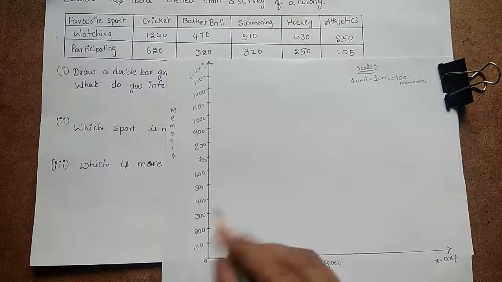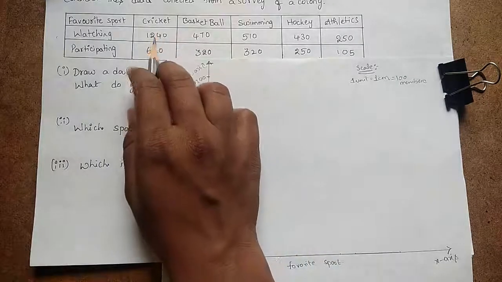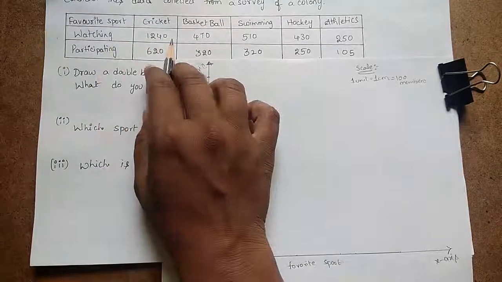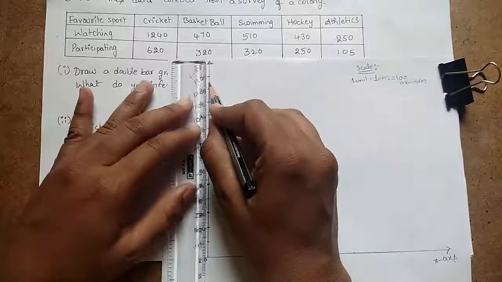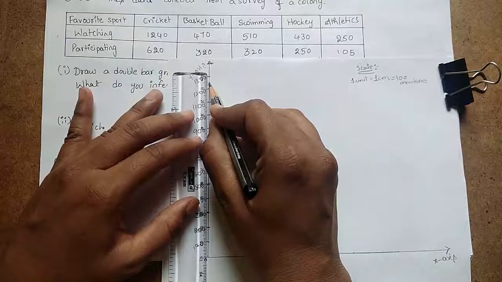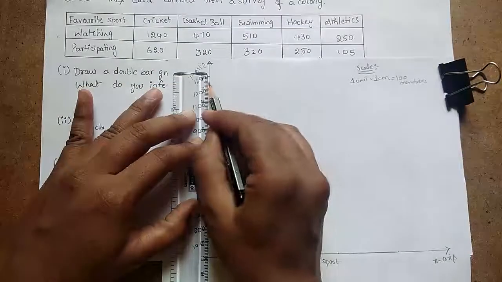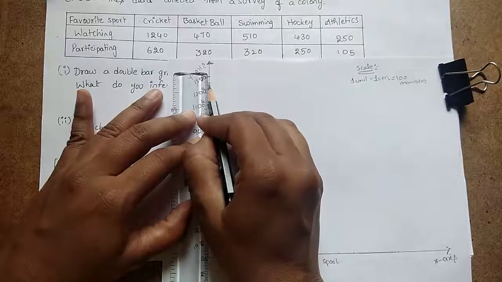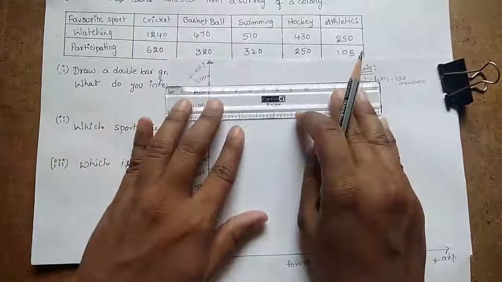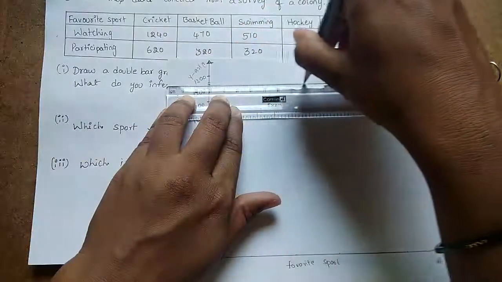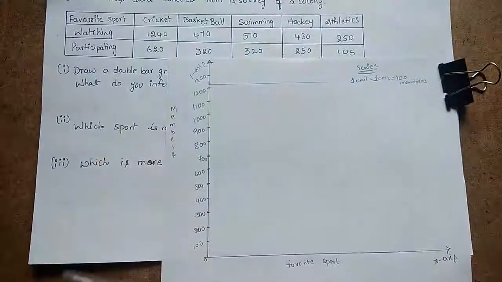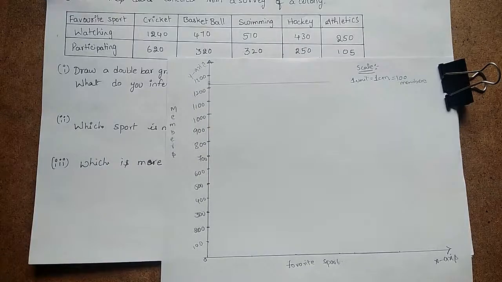So take cricket watching, 1240. Here the midpoint is 5. See here, 1 centimeter I am marking like this. Make sure it is a small invisible line, because next we can erase it easily.